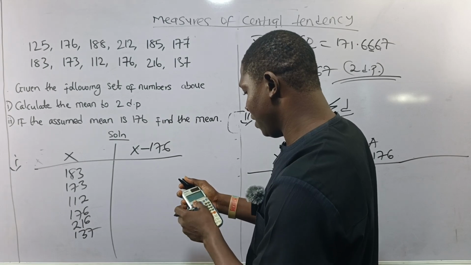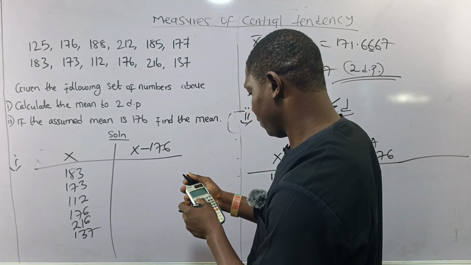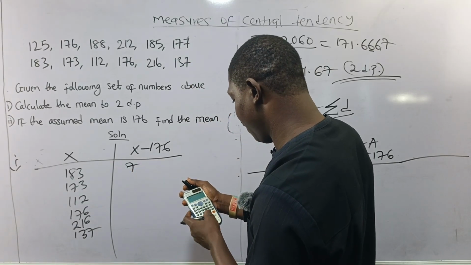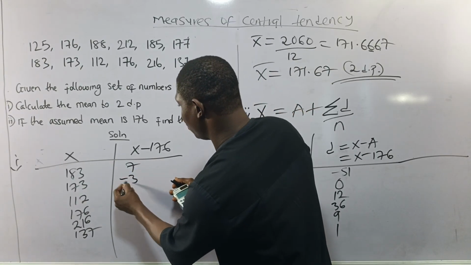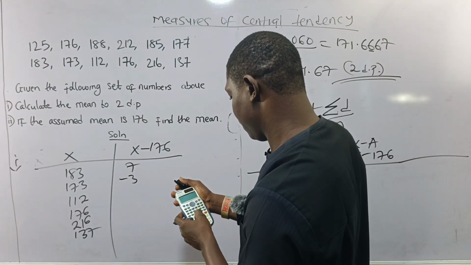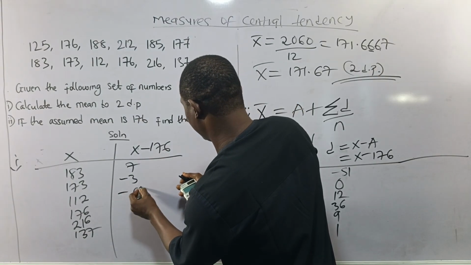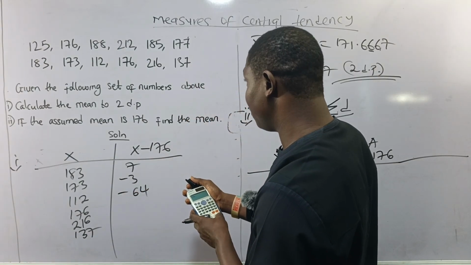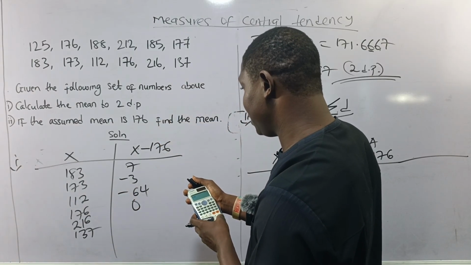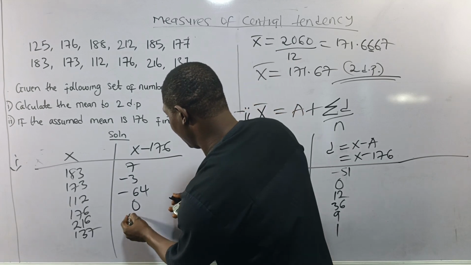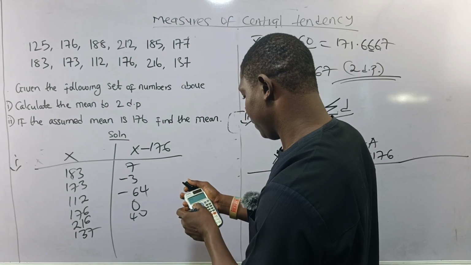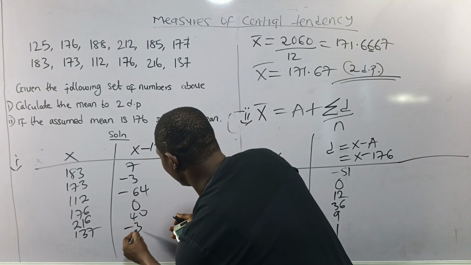So I have 183 minus my alpha X to give me 7, and 173 minus my alpha X to give me minus 3, 112 minus my alpha X to give me minus 64, and 176 minus my alpha X will give me 0. 216 minus my alpha X will give me 40. 137 minus my alpha X will give me minus 39.